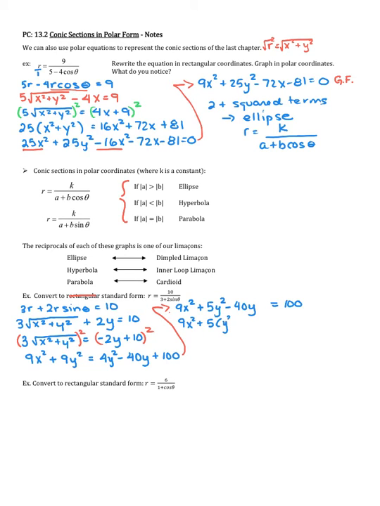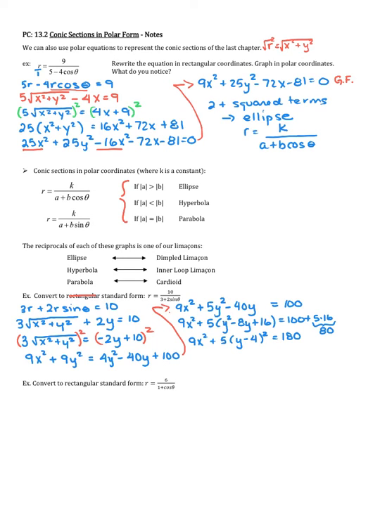So that gives me y squared minus 8y plus 16 equals 100 plus 5 times 16, which I believe is 80. And so we have 9x squared plus 5 times y minus 4 squared, completing the square, equals 180.